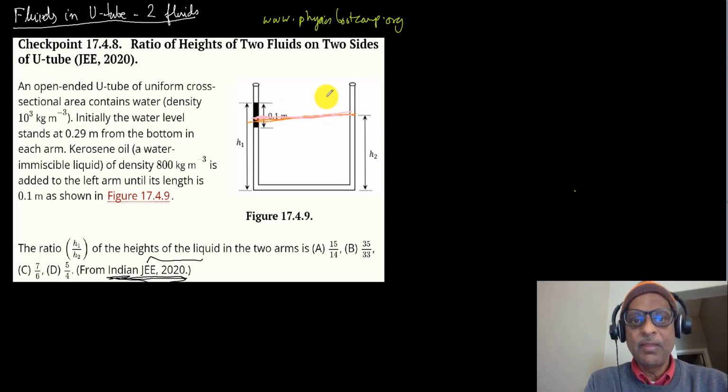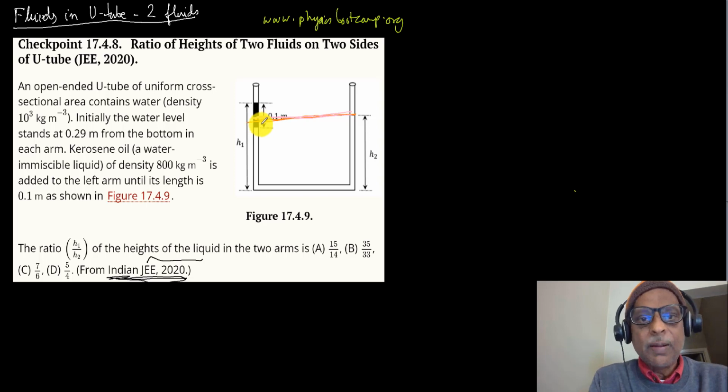Okay, and now take a different color. So initially it was somewhere in the middle here, and then it went down to this level.